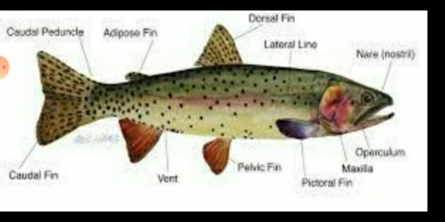The gills are present for breathing, and the lateral line sense organs are present for equilibrium, and the body is also covered by the dermal scales. So children, these are the general comments.